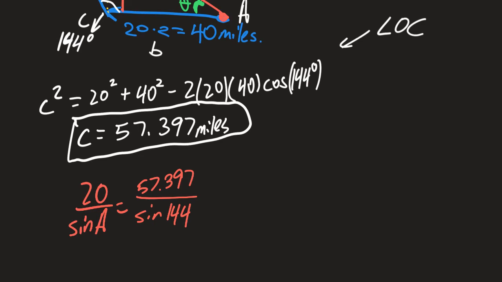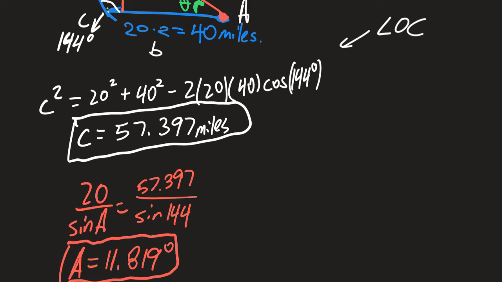We'll cross multiply, not forgetting to take the inverse, and I should get that big A equals 11.819 degrees. That is my second quantity that I was looking for.